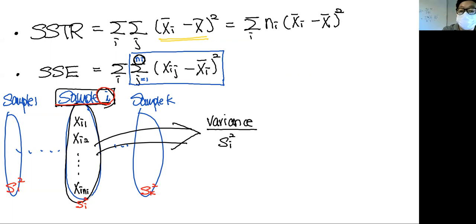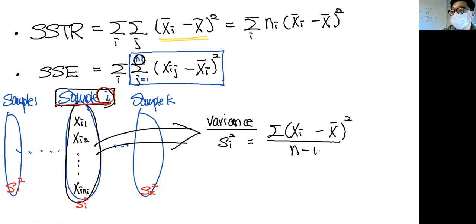You know, actually the variance has the form xi minus x bar. I don't have to write it here. Basically the variance is the summation of xi minus x bar squared divided by n minus 1. Remember, there are actually 5 steps to get the variance. But now it is the variance in sample i.